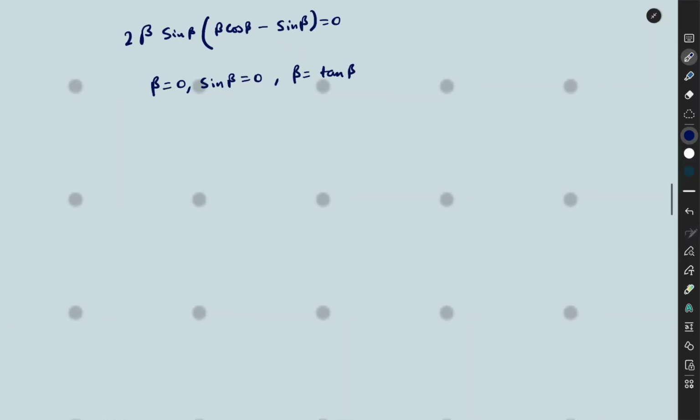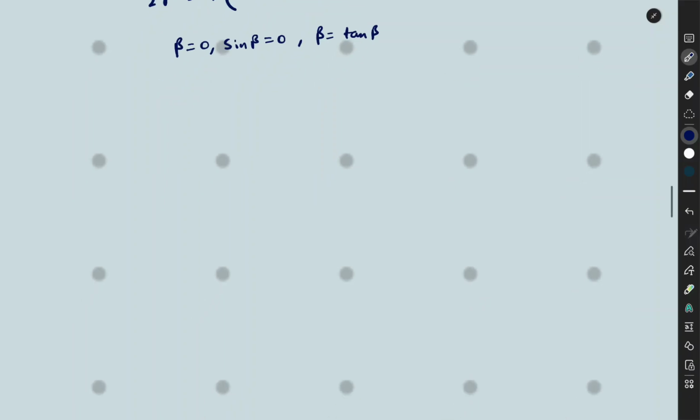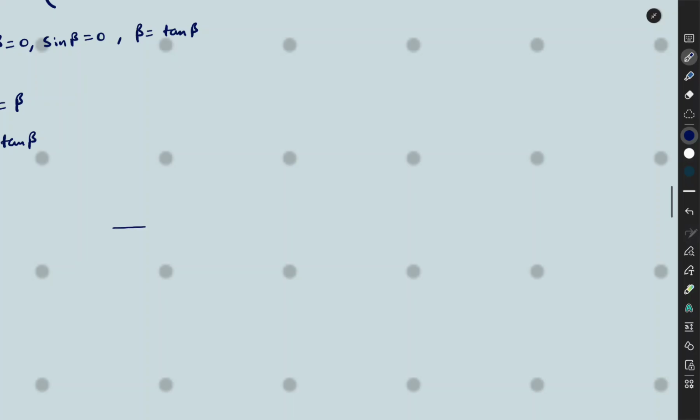Therefore compulsorily tan beta should be equal to beta. Now if we plot the graph of y equal to beta and y equal to tan beta, the graph shall come like this.